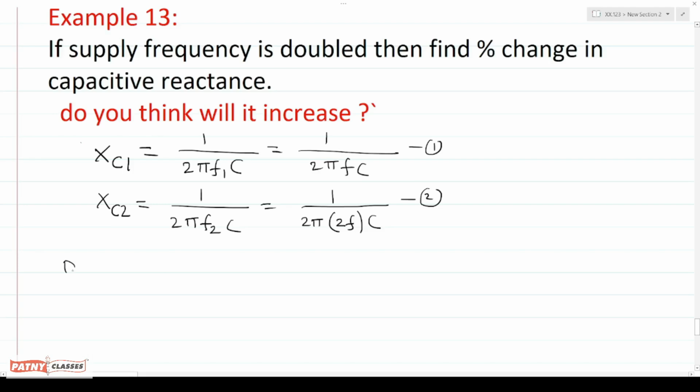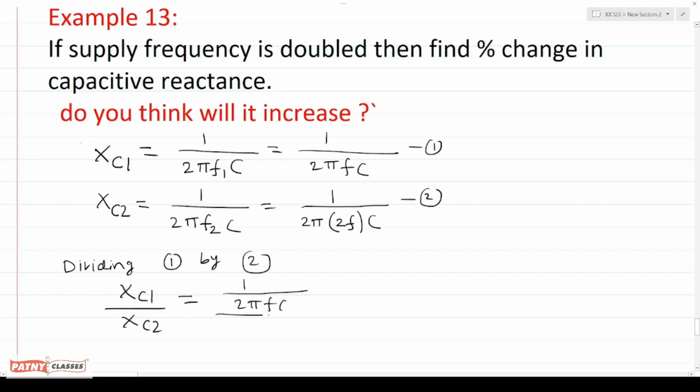Now dividing 1 by 2, we get XC1 upon XC2 equals 1 upon 2 pi FC divided by 1 upon 4 pi FC. This equals 4 pi FC divided by 2 pi FC, which equals 2.